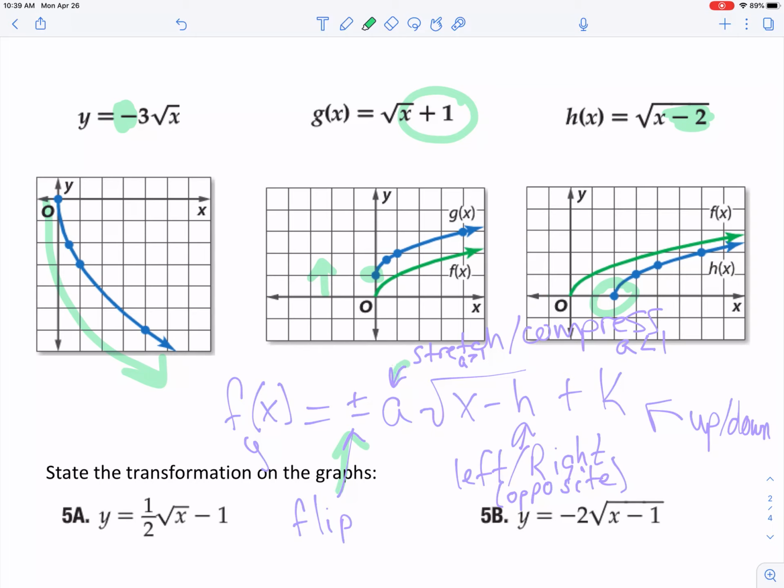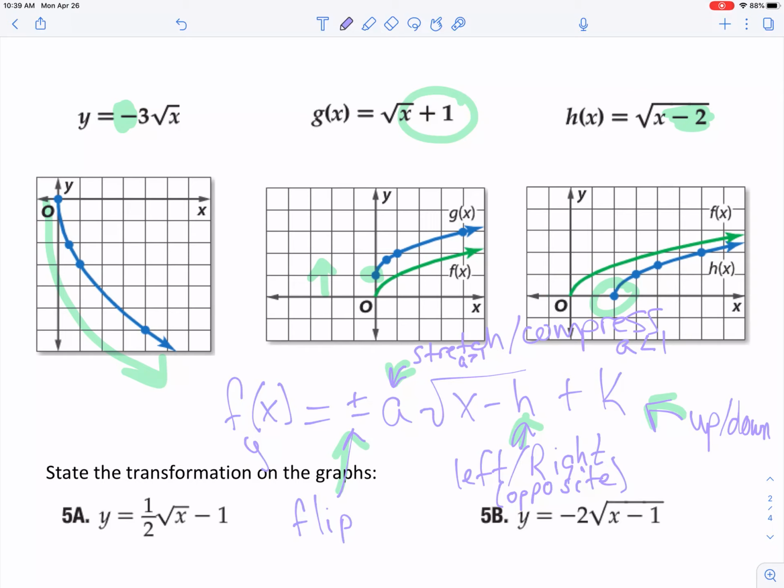Now here we go, I'm highlighting those arrows so they're easier to see. Here's how you know where to start the table. You're actually going to start the table at the h value, remembering that the h value is opposite of what you think.